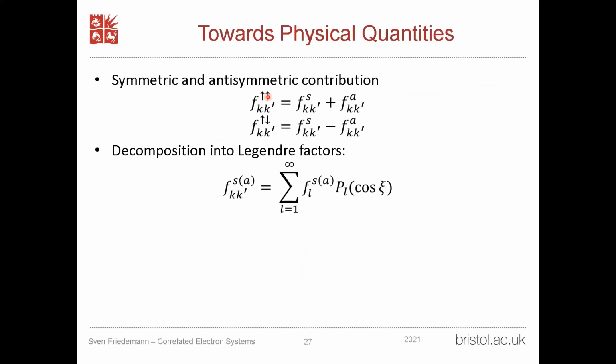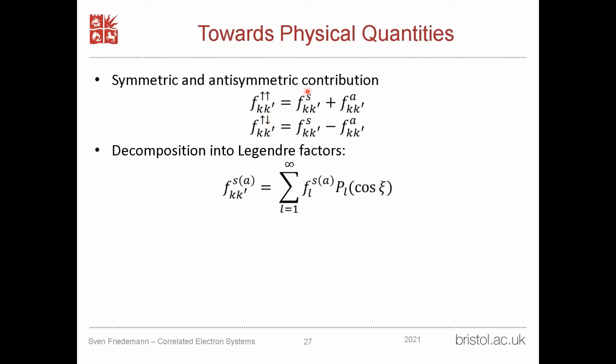They are distinguished into symmetric and antisymmetric contributions, and they depend on the spin of the electrons involved. So if the two electrons that we were considering are both the same spin, then there will be a different coefficient compared to the spins being opposite.